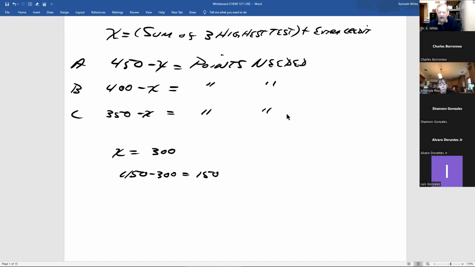But the final is 210. That's the same as 2 105-point tests. So if I were to divide 150 by 2, that's the same as getting a 75 on my hourly exam. But it's twice as long, so that's why it's tricky.